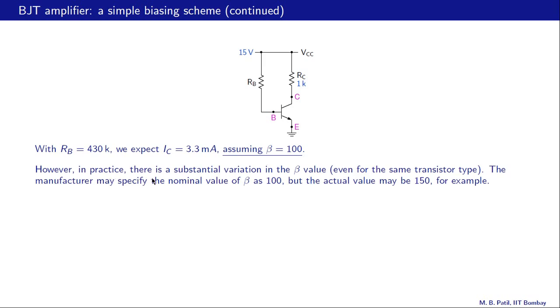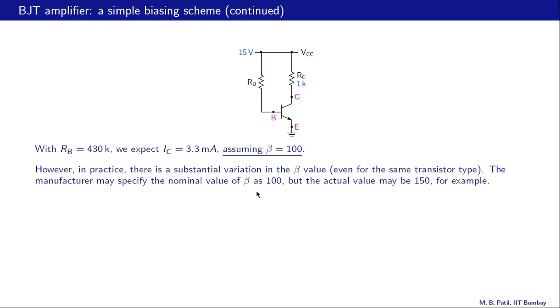In practice, there is a substantial variation in the beta value, even for the same transistor type, such as BC107. The manufacturer may specify the nominal value of beta as 100, but the actual value could be 150, for example. There is a wide variation possible, and that has to do with the manufacturing process for the BJT.